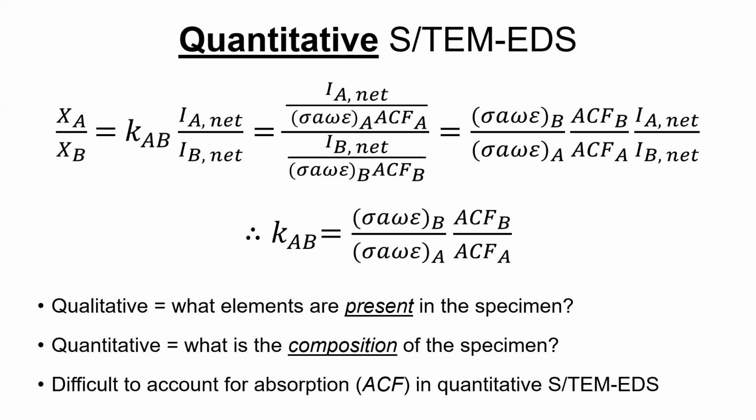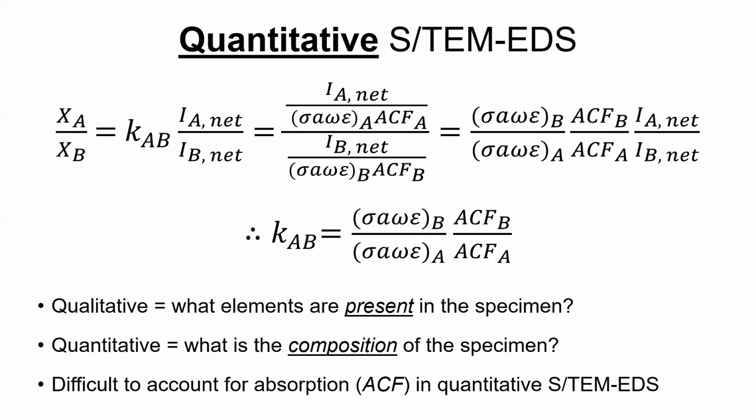Part of the reason is that, in order to accurately model the ACF, we have to know what the sample composition is to begin with. That's a problem because we're trying to measure that in the first place. You end up with this circuitous chicken and egg logic, where you don't know what the composition is, but you need to know it in order to account for absorption.